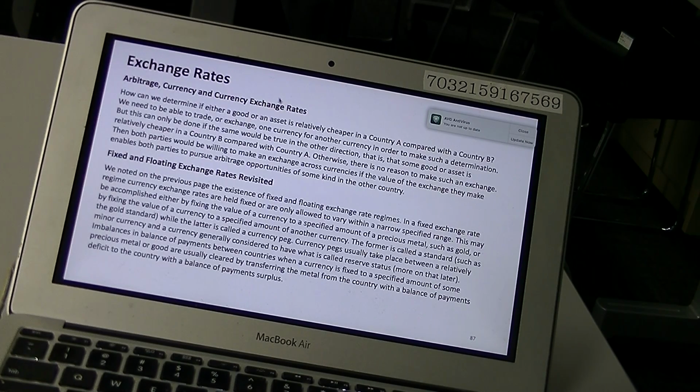That's an arbitrage opportunity. And in an arbitrage opportunity, somebody can buy one currency cheaply, sell another currency that's more valuable, and when that happens, then there's a readjustment.